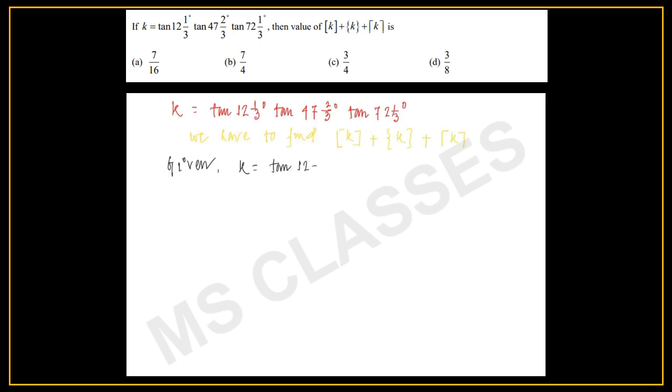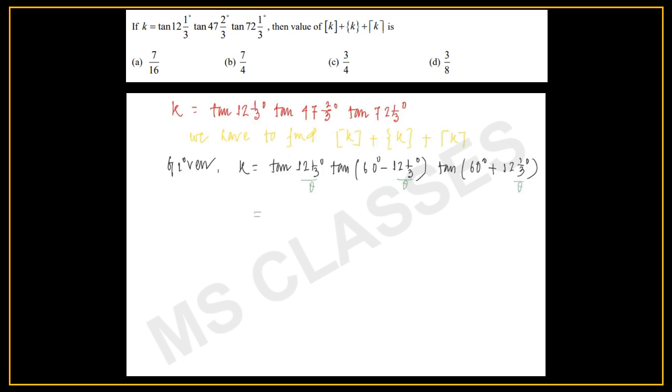tan 12 and 1 by 3 degree, we can write the next one as tan of 60 degree minus 12 and 1 by 3 degree, which will give us 47 and 2 by 3 degree, and tan of 60 degree plus 12 and 1 by 3 degree. Now here we can correlate this, that is theta, this is also theta, this is also theta.